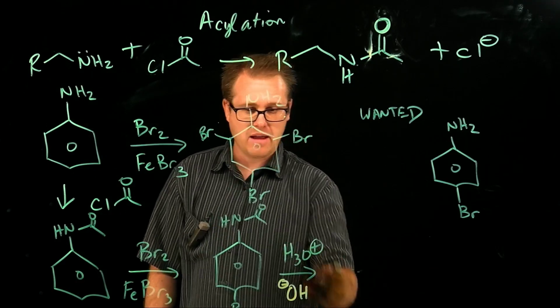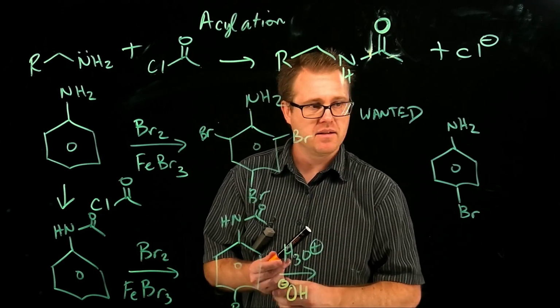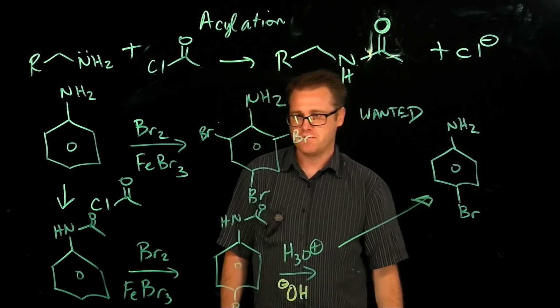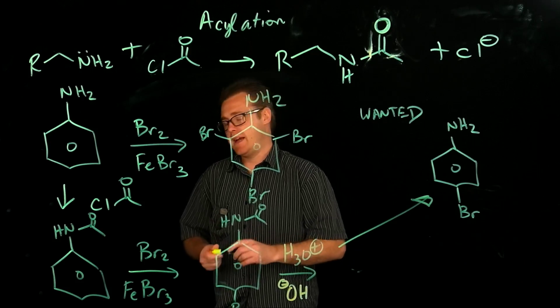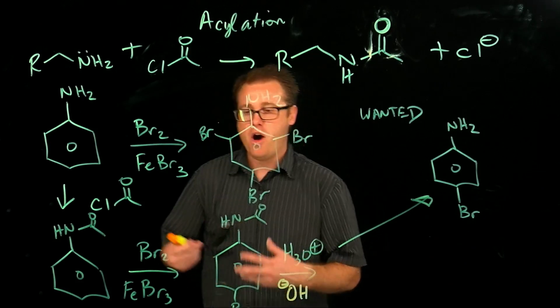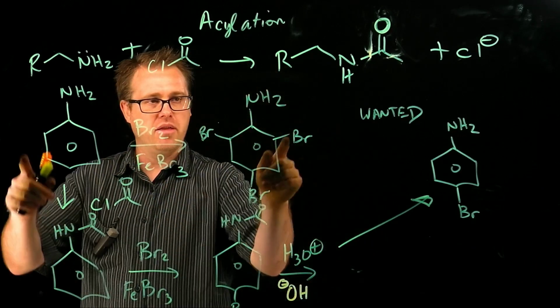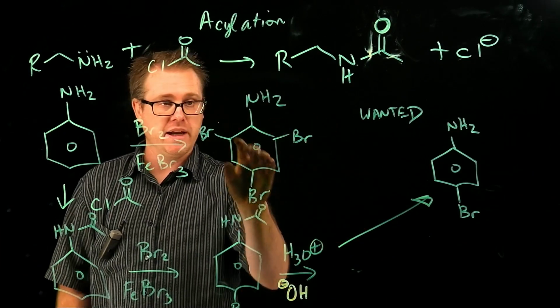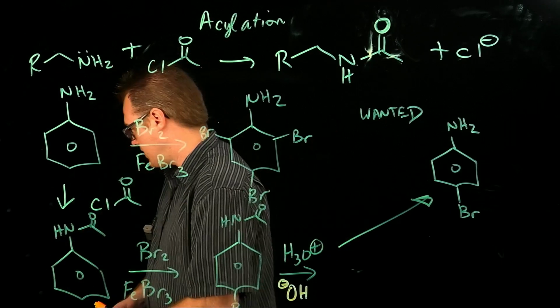Either or, that would hydrolyze the amide into our product of interest. So acylation helps us to overcome this overbromination or polybromination problem. It's kind of cool.